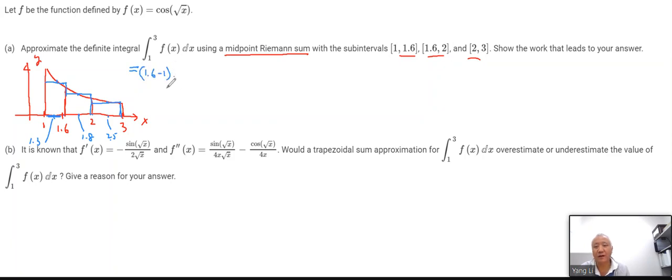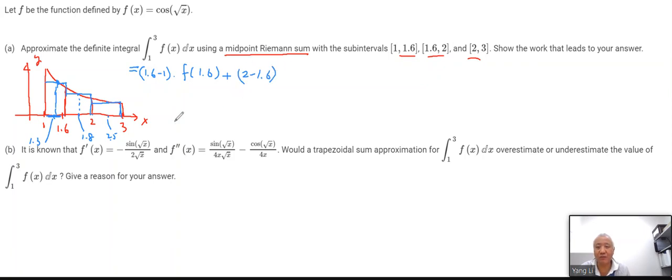And then times the height, which should be f of 1.3, because at x equals 1.3 the function value is here. This represents the height. Similarly, here represents the height, and the base is 2 minus 1.6.